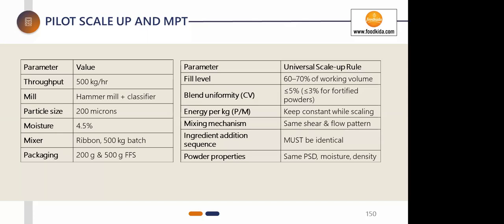Power is the energy supplied for mixing by your motor to the kg mass inside the reactor. Okay? Same shear and flow pattern: if I'm using a plowshare mixer or a ribbon blender at pilot plant level, the same should be utilized at the main plant level. So that gives me the same shear and flow pattern. Ingredient addition sequence must be identical.